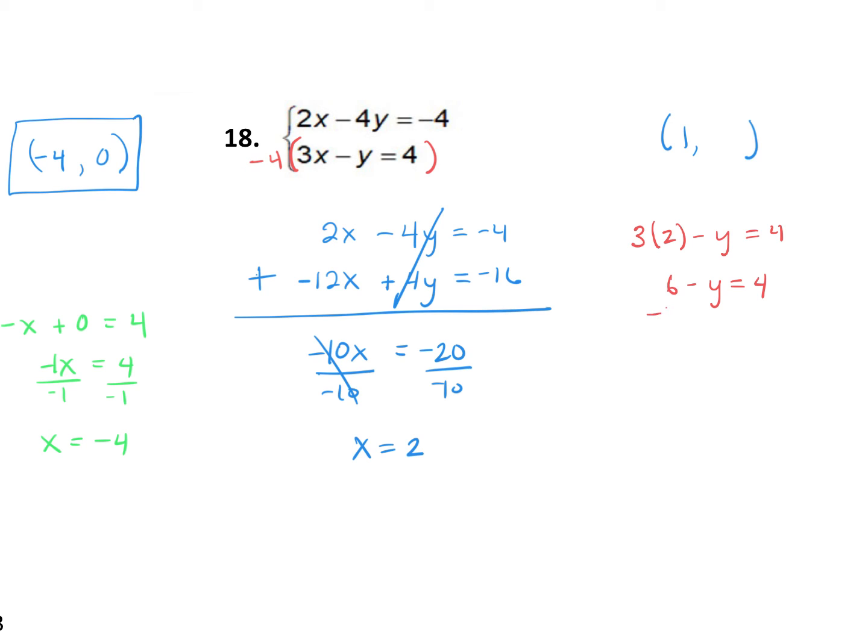That 6 is a positive 6, so we'll subtract 6 from both sides. Carry down a negative y equals negative 2. That is a negative 1y. Divide both sides by negative 1. And y is equal to a positive 2.